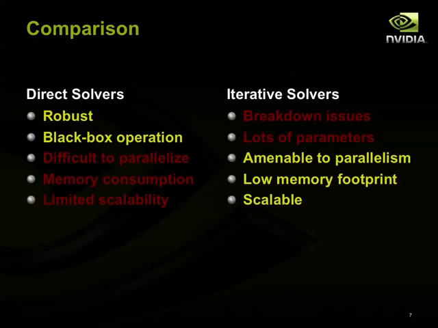So to give you a summary of the advantages and disadvantages of direct and iterative methods, direct solvers, as I mentioned, are very robust. They're black boxes, so MATLAB usually just works. You don't have to be very sophisticated, just use it. One problem with direct solvers is that they're difficult to parallelize. Most people, when they talk about parallelizing these, from what I've seen, they talk about just doing maybe 20 nodes or something like that.